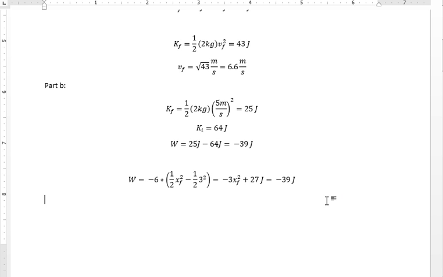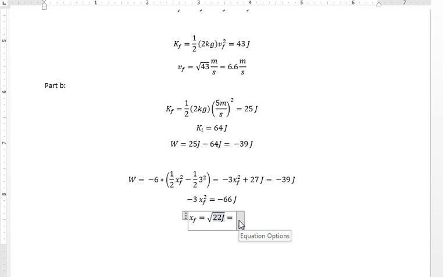All right, if we just solve for x, minus 3 x final squared equals minus 39 minus 27, which is minus 66 joules. Divide by minus 3, and we get x final equals the square root of 22.